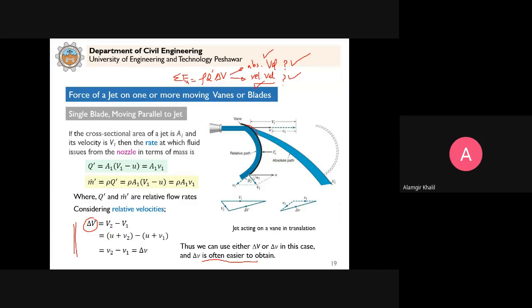Some of the discharge is used to elongate the jet and then the remainder hits. That's why the discharge was reduced: instead of Q, we had Q dash.